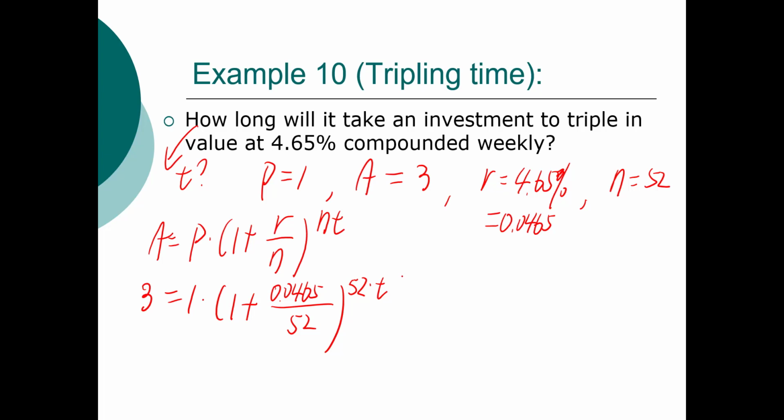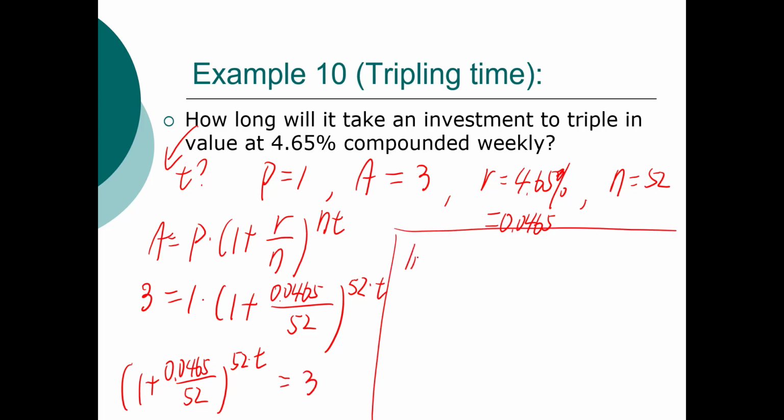Very similar. Reverse order first. 1 plus 0.0465 over 52 raised to 52t equals 3. So step 1, we're taking ln from both sides of the equation. ln of 1 plus 0.0465 over 52 raised to 52t on the left. On the right is ln of 3.